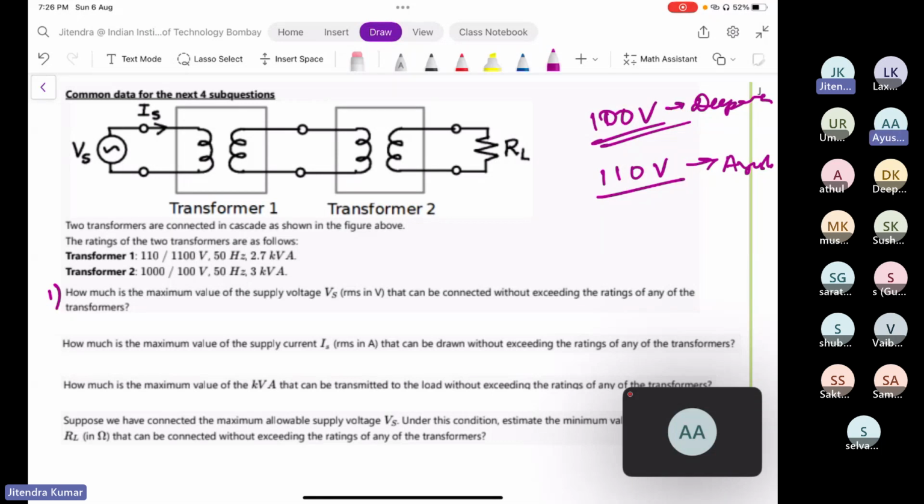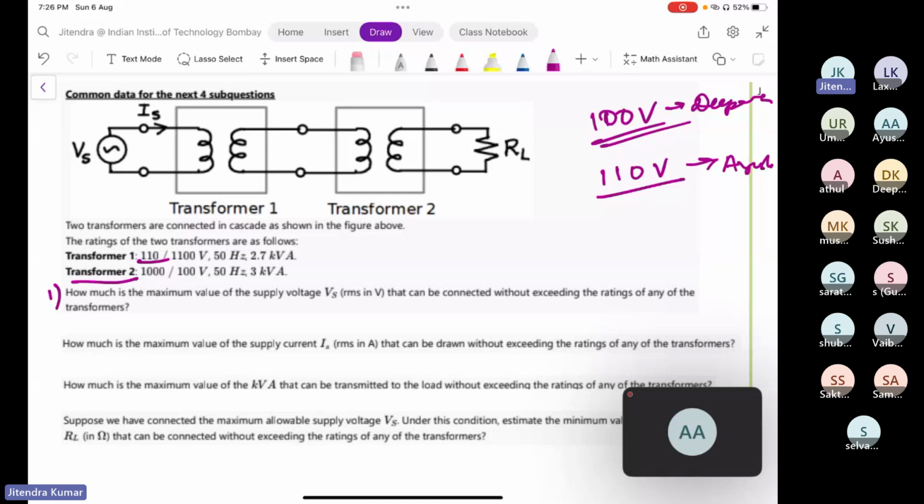So the maximum voltage that we have to apply should not exceed the rating of any of the transformers. So the rating of the first transformer is 110 and of transformer 2 is 100 on the secondary side.